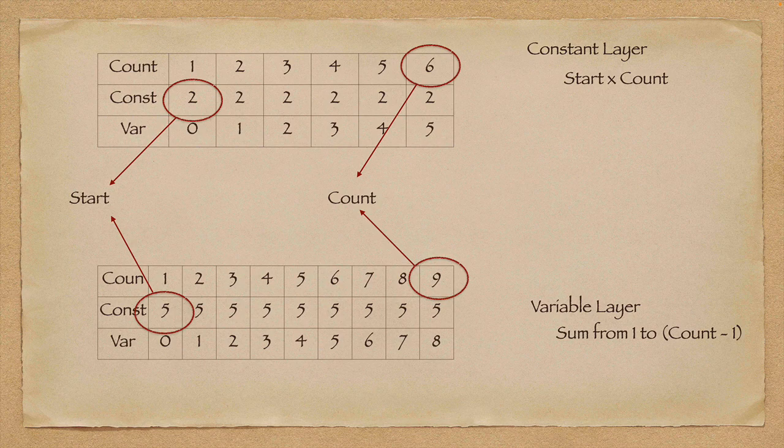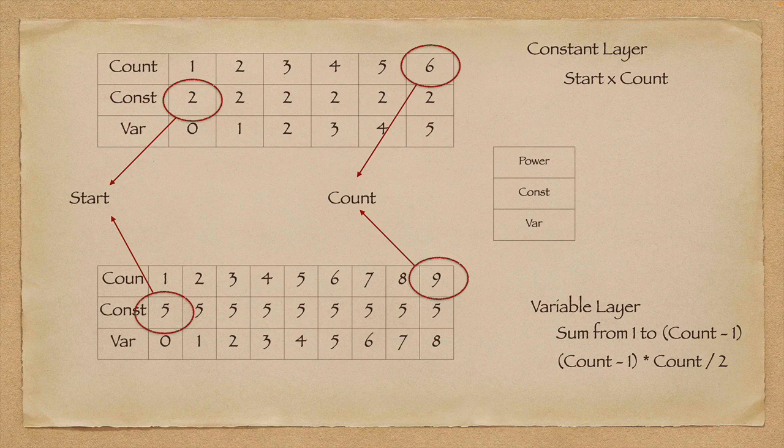So in case of 3 to the power 4, I need to count it from 1 to 8 because there are 9 numbers. In case of 3 to the power 3, I need to go from 1 till 5 because there are 6 numbers. And the formula for these numbers, which are called triangular numbers, when you sum them up, is nothing but count minus 1 times count divided by 2.